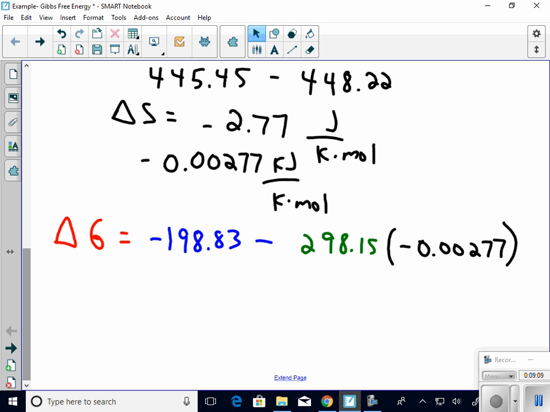So when I do my math, I'm going to take negative 198.83 minus, put this in parentheses, 298.15 times negative 0.00277.